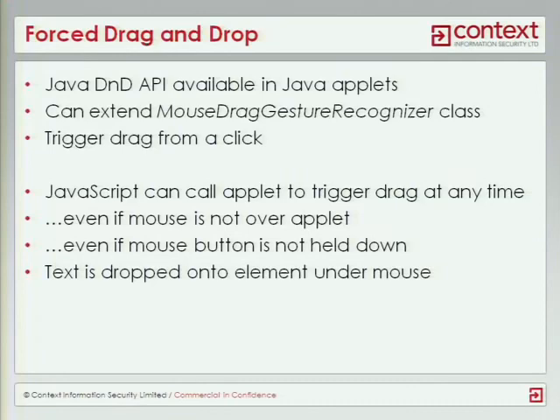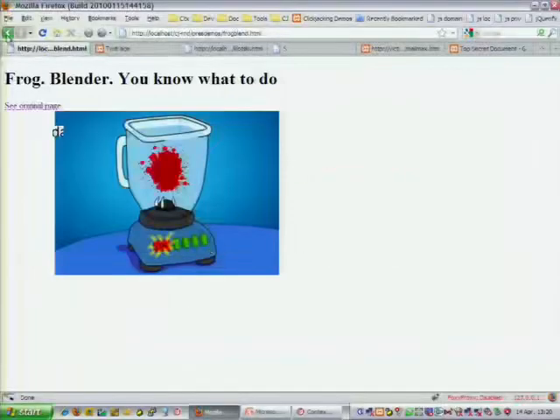The way this works is that the web page would say, okay, start a drag and drop with this text, and wherever the user's mouse cursor is, the text will be dropped onto that area. So if it's over a text field inside a hidden iframe, then the text will be entered into there. So I'm just going to show you how that works. This is pretty fun.